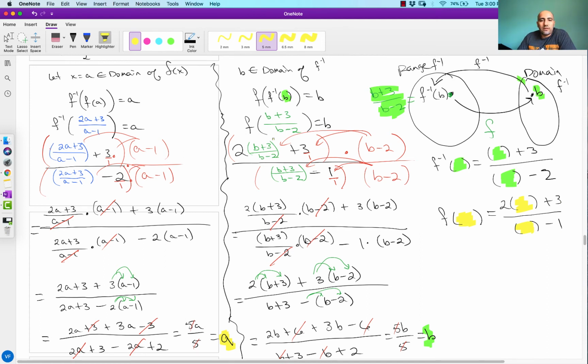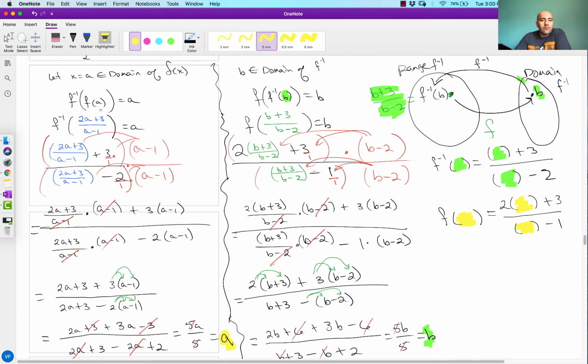So that's what we did here. It's going to be twice the input plus 3 all over the input minus 1. So we applied this into the f function. And then we did a bunch of algebra and arithmetic and reducing, canceling, a bunch of stuff. And we showed that we started at b and then we ended up at b.